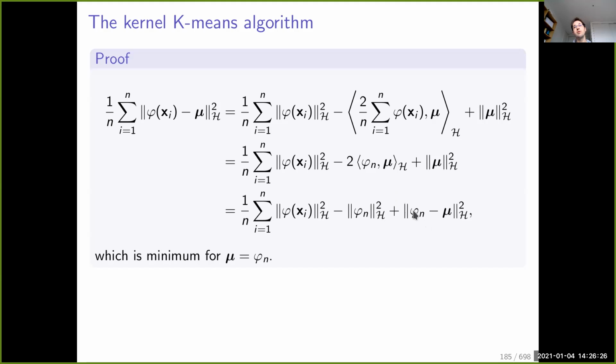On the right, we have the distance between phi n and mu squared, minus here the squared norm of the center of mass. Now a question for you, how do I minimize this objective here with respect to mu? Of course, this is minimum for mu equal to the center of mass. So this is a very simple statement, but it's important because it allows us to simply extend the k-means method to kernels.